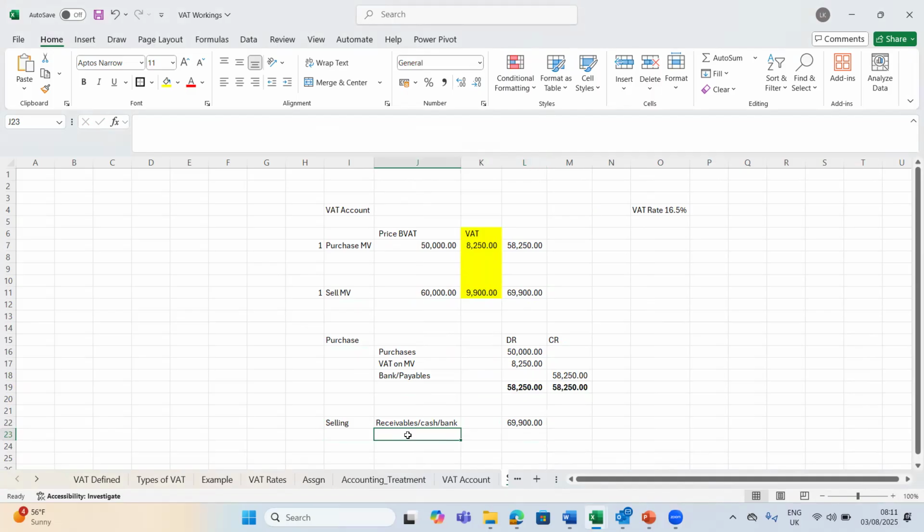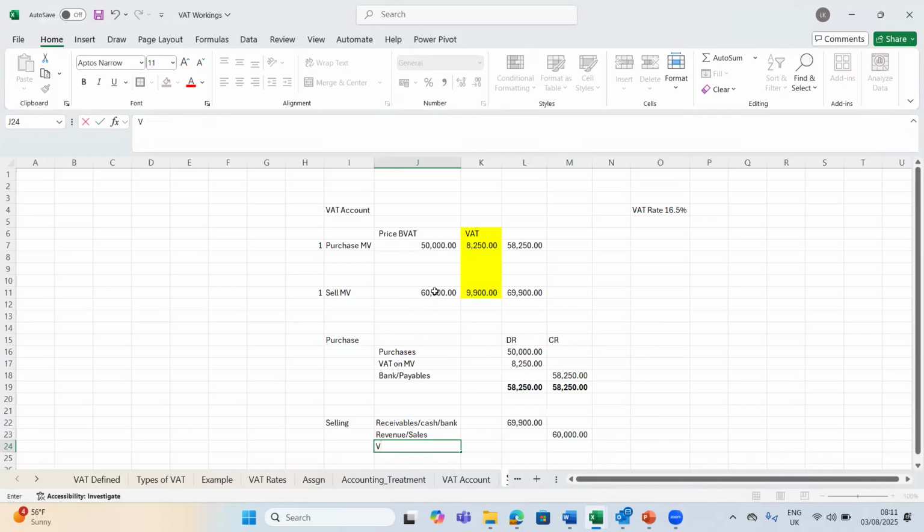So what will be the credit? The credit number one will be revenue or sales account. By how much? Only by our sales, the amount before VAT. The other credit goes to what?